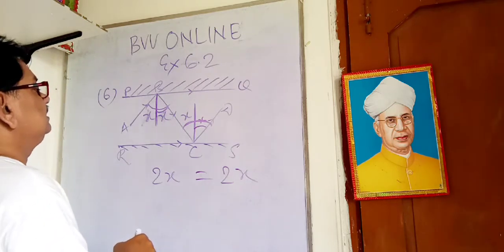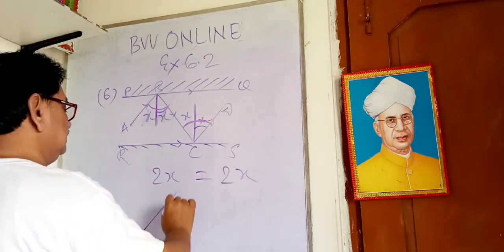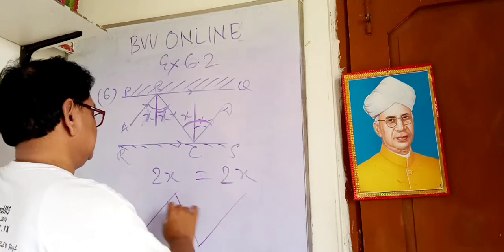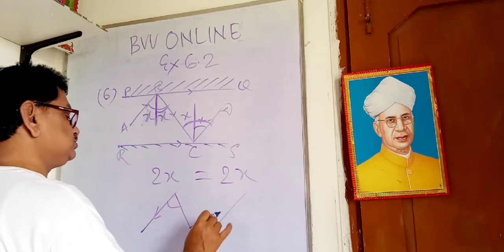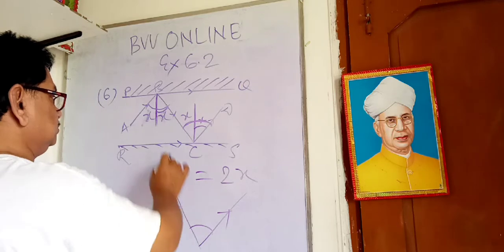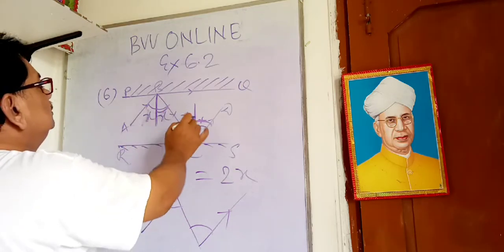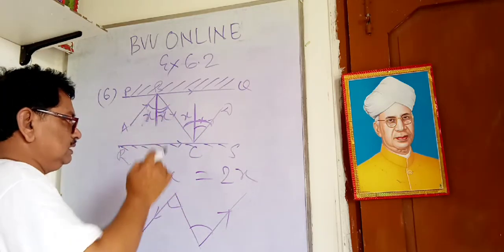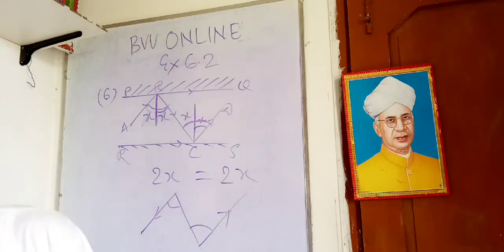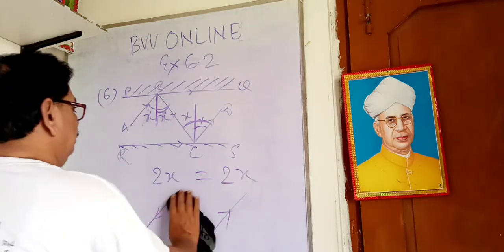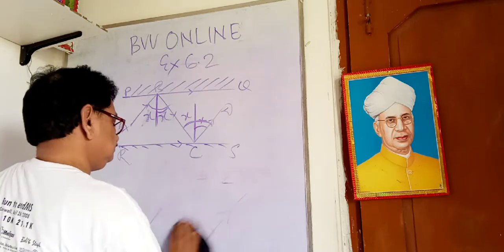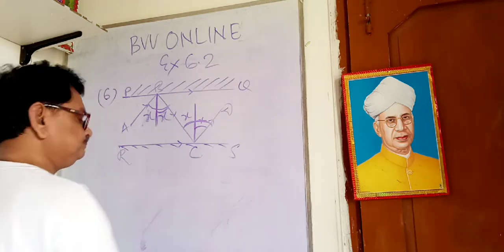And we have studied that when the alternate angles are equal, then the rays should be parallel. So this is the proof of this question, and in this way we can prove it to be parallel. So nothing else, we have to write nothing more here.